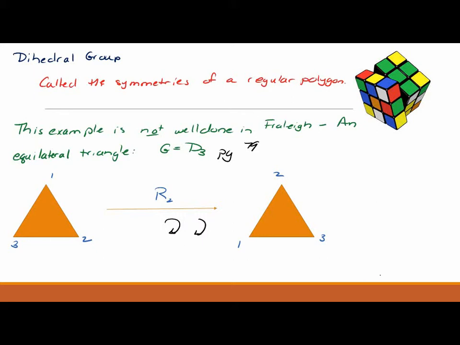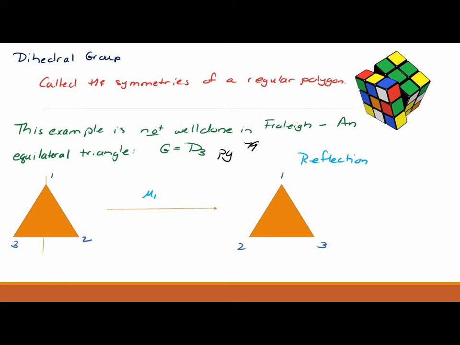So my original triangle, if I rotate it twice, turns out to look like this triangle on the right. So far, so good? Notice that rotation 2 is really rotation 1 and then rotation 1 again. I just did it twice.